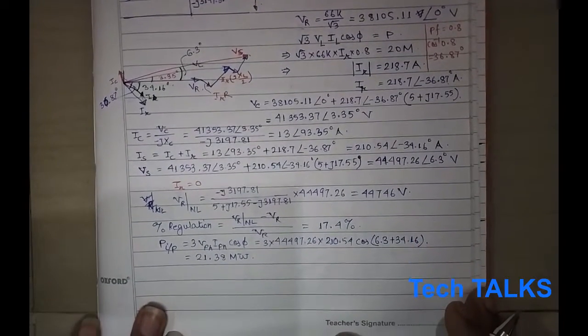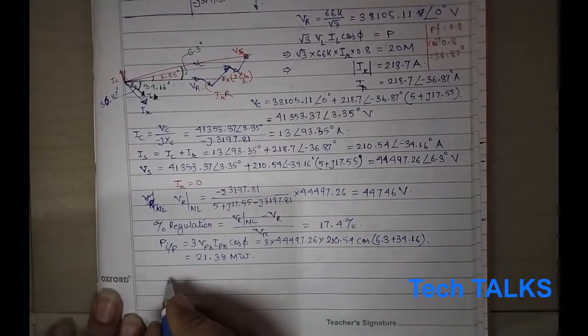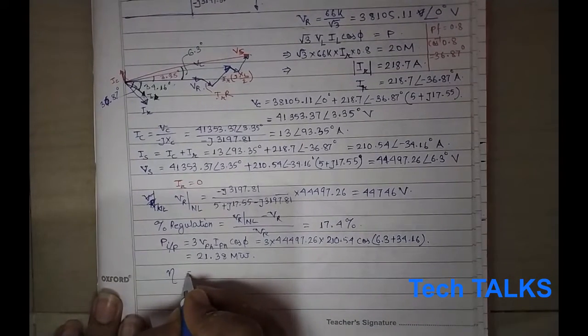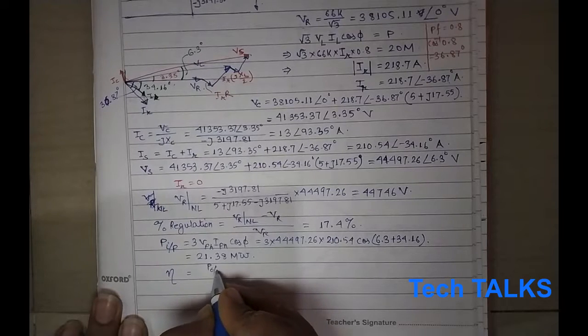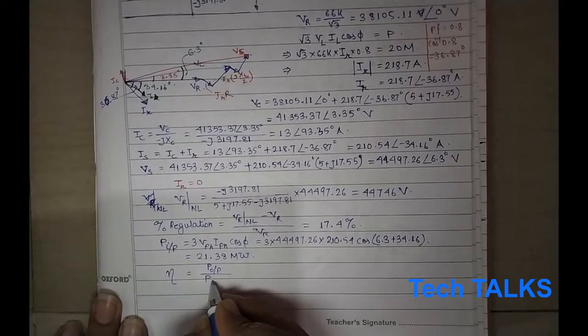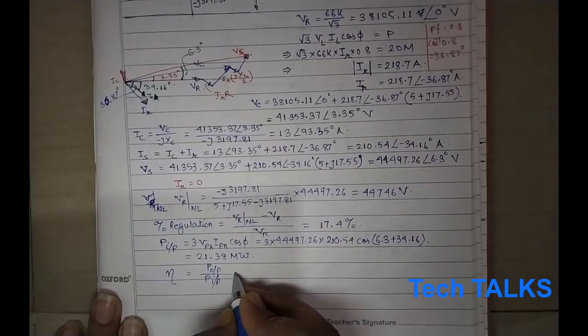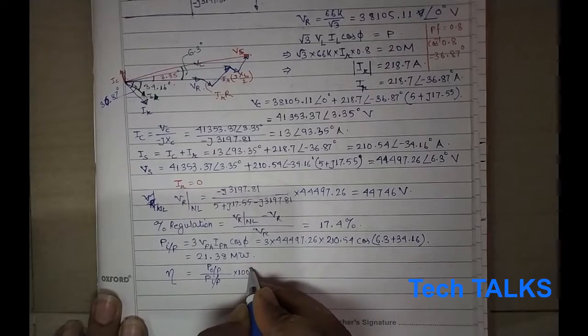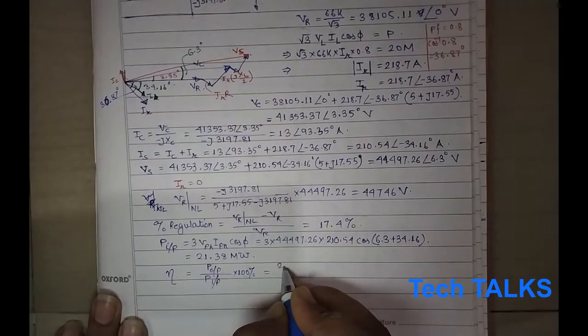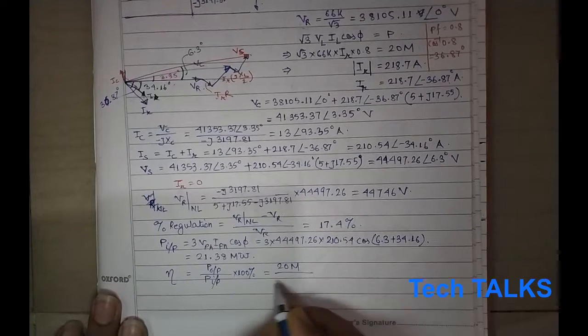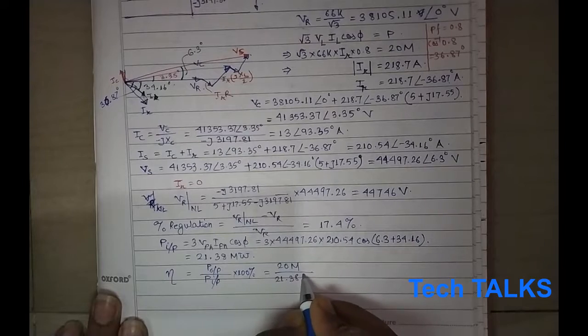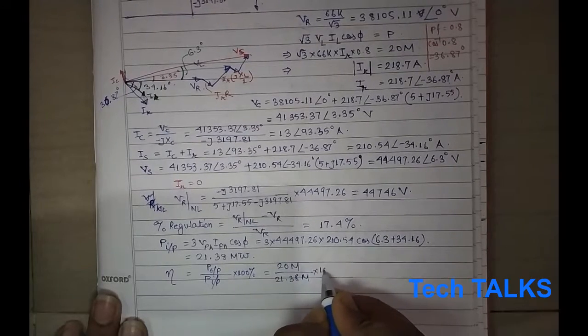Okay, now for efficiency, we calculate P output by P input into 100%. P output is simply 20 megawatt. P input is 21.38 megawatt, into 100%.